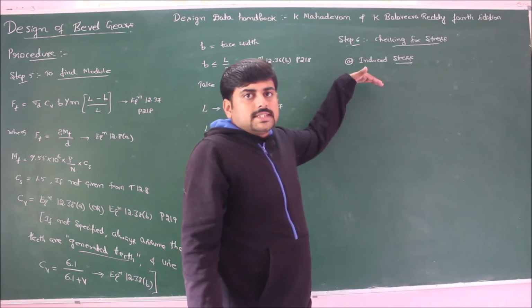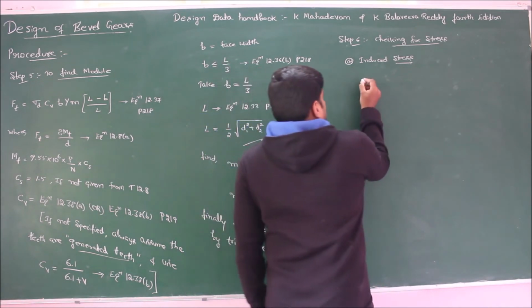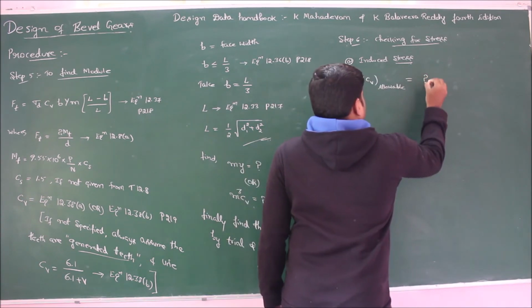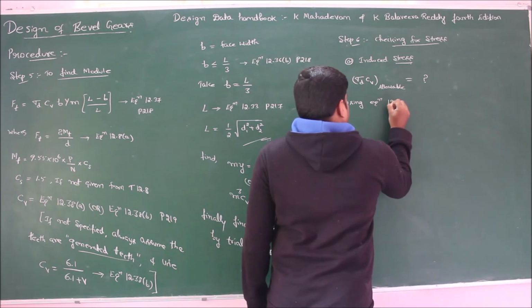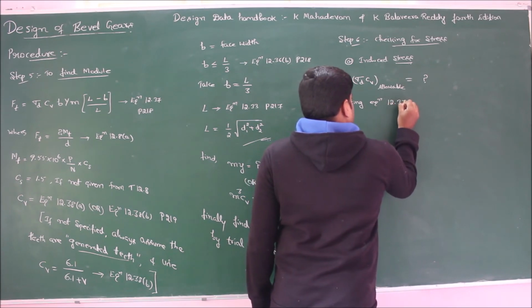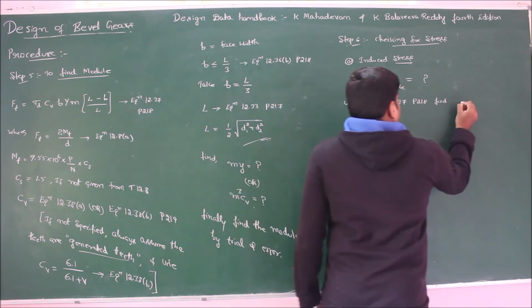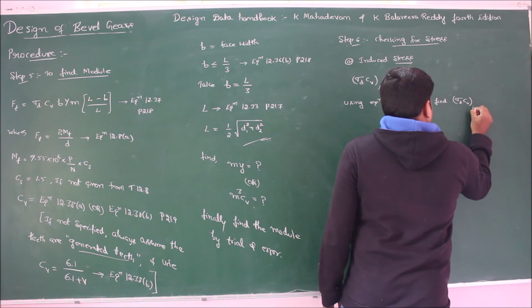In order to check the adopted module for induced stress, the procedure remains same. First you should find the sigma d into cv allowable. Then using equation 12.37 of page number 218, find sigma d into cv induced.